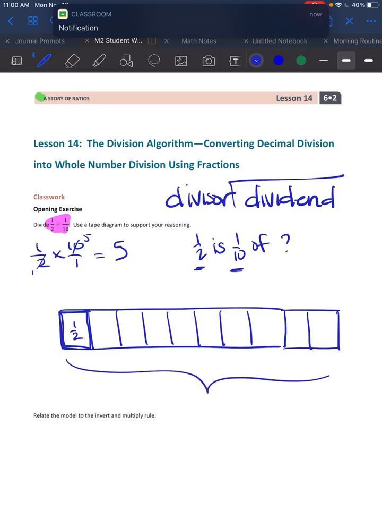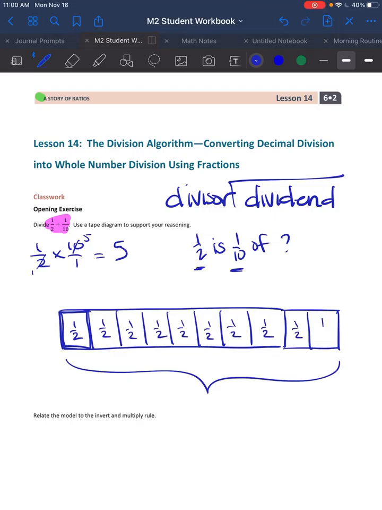What number is this whole thing? Well, let's see. 1/2 plus 1/2 plus 1/2 plus 1/2 plus 1/2 plus 1/2. I know that 1/2 plus 1/2 equals 1, so every 2 boxes I'm going to get another one. 2, 3, 4.